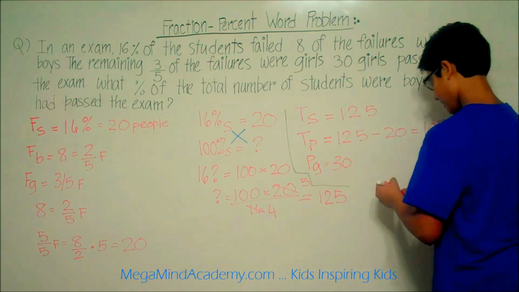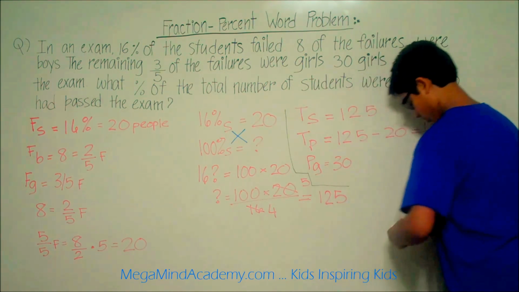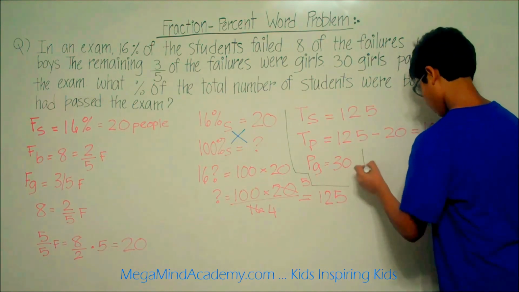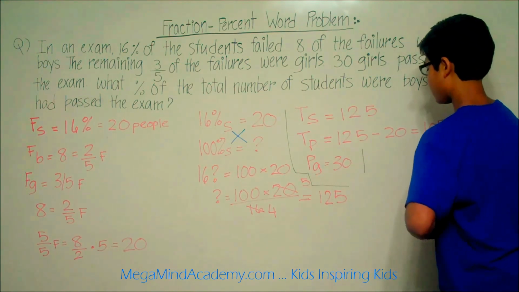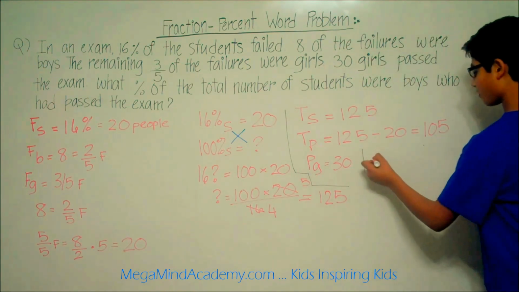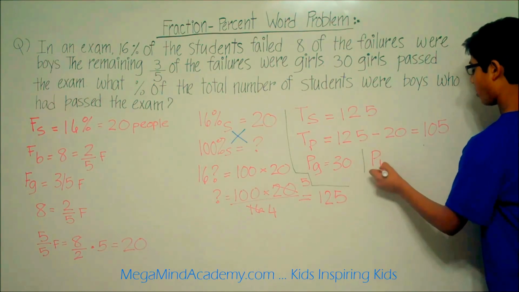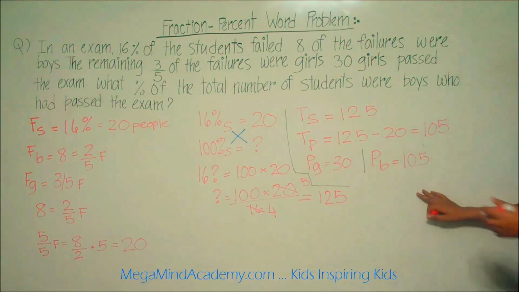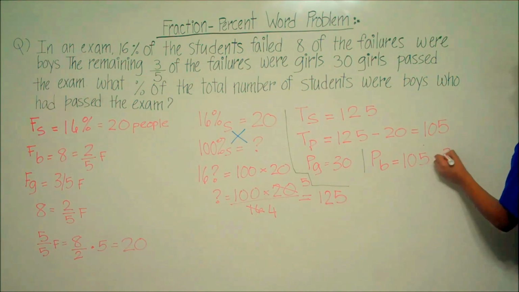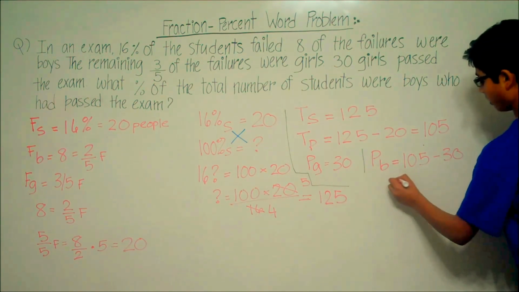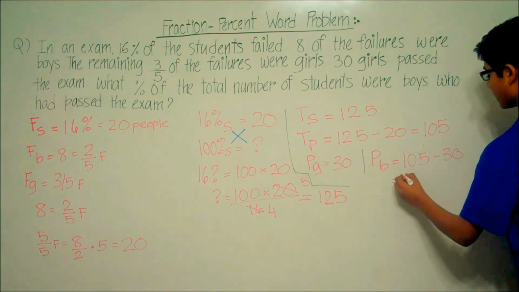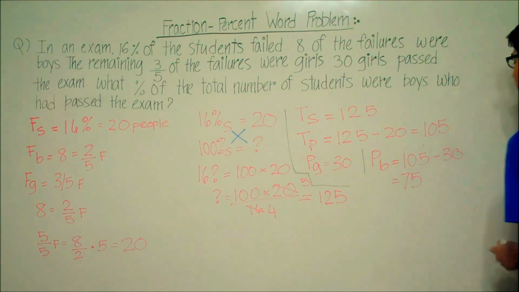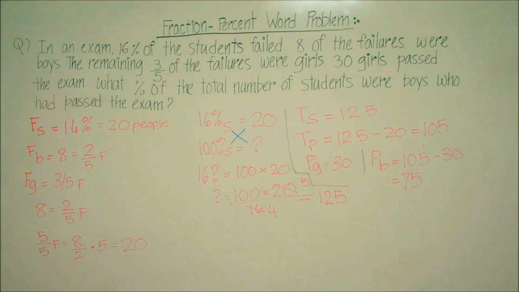So the passing boys, P for passing, B for boys, are equal to 105, the total passing students, minus 30, the total passing girls, which are equal to 75 students. So the passing boys are equal to 75 students.